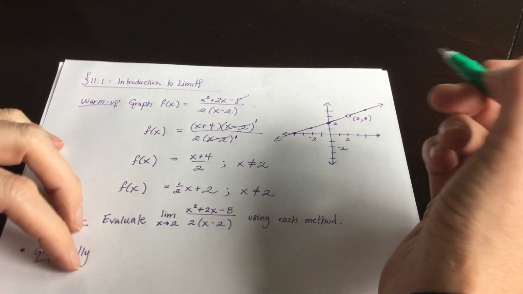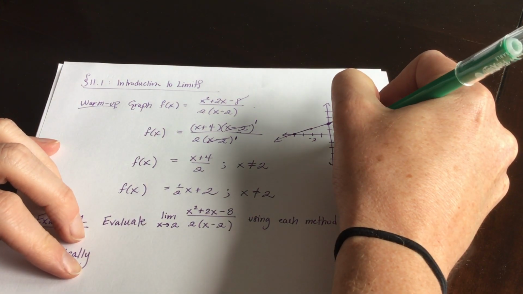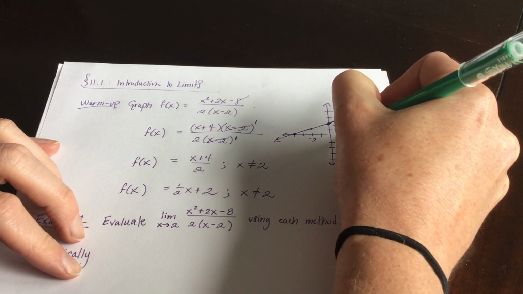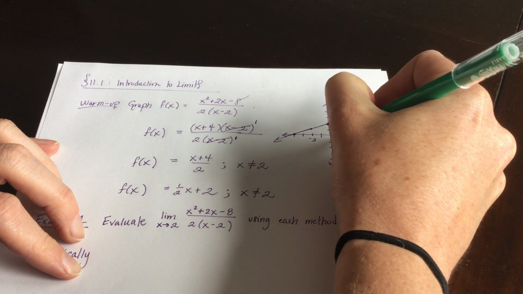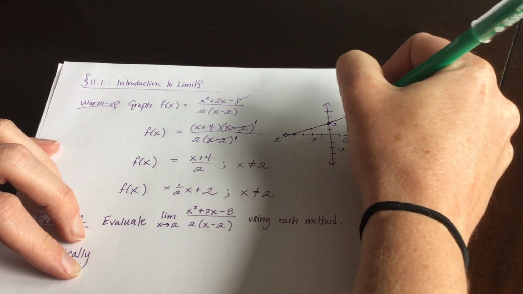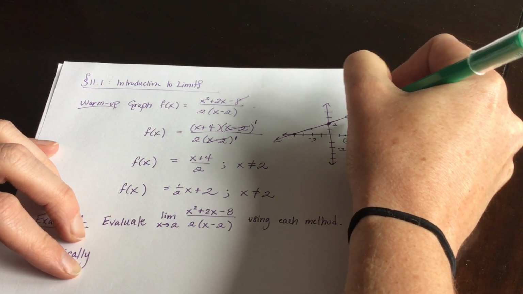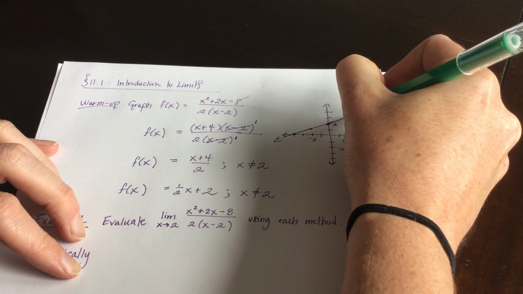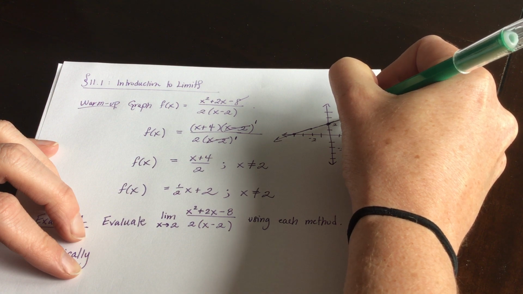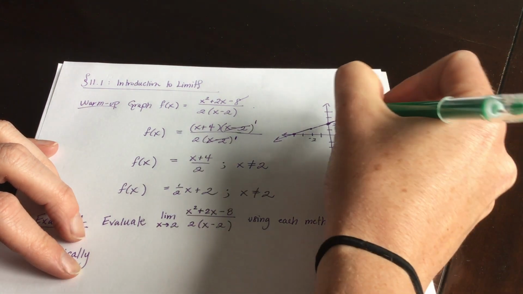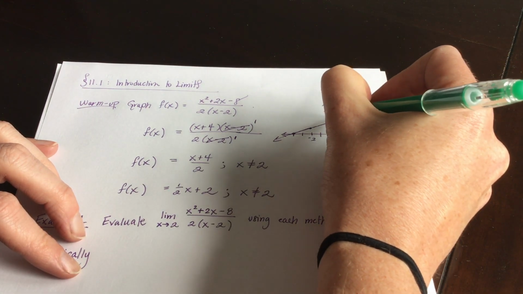I just got busted. Okay, anyway, so we're not talking about what happens right at 2. We're talking about infinitely close to 2, above it and below it. What happens when you plug those numbers in? Well, you get y values. If you look at the picture, you would get y values that are getting closer and closer to 3.